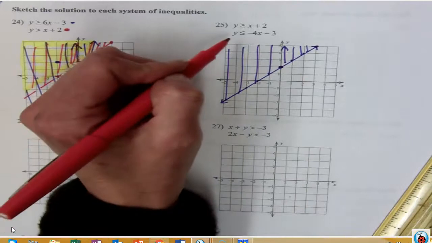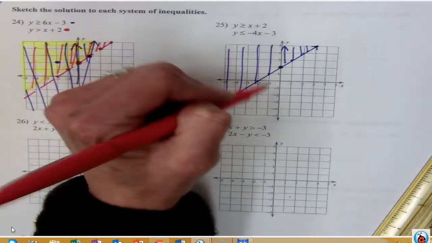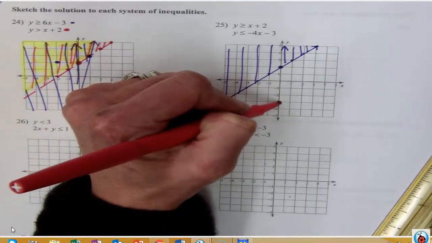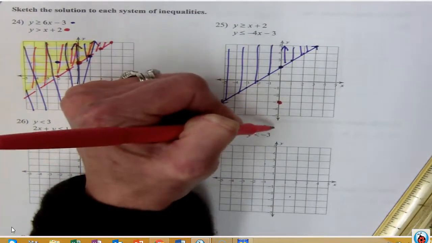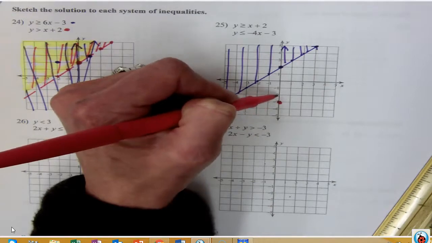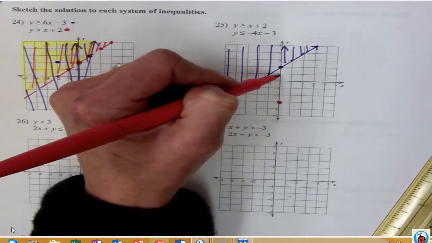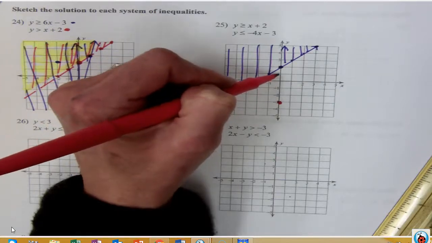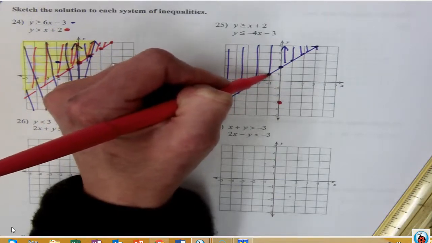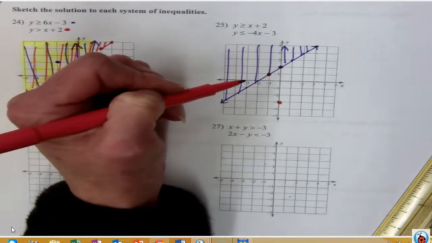Alright, so then we're going to go ahead and graph this line. If we go down to -3, my slope is -4. So I can't go down, and we know that if we go positive, then we've got to go negative this way. So we're going to go 1, 2, 3, 4, and a negative that way.